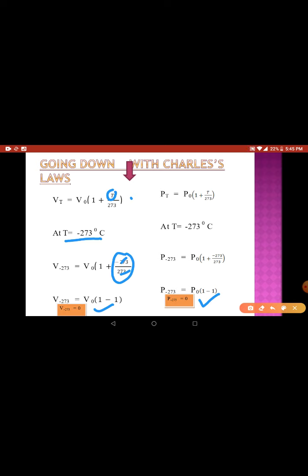And still we don't know whether it actually becomes 0 or not, because as you go on decreasing the temperature, suppose a gas is there, first it liquefies, then it turns into a solid. So there is no question of any pressure or volume. There are also some gases which may turn directly from gas to solid, and in that case also we cannot find any pressure.